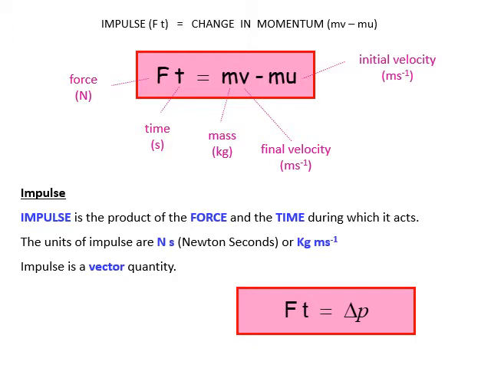Impulse, like momentum, like velocity, is a vector quantity, so you need to consider directions when doing that. And our usual way of doing that is to make one direction positive and one direction negative. Sometimes we might see the relationship written as at the bottom here, where P is equal to momentum. So delta P, delta meaning the change in, so the change in momentum is equal to the force times the time.